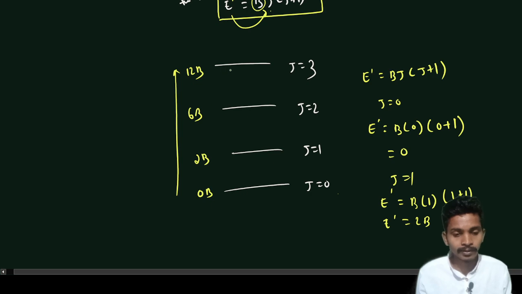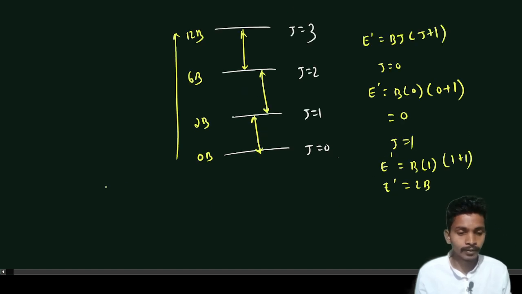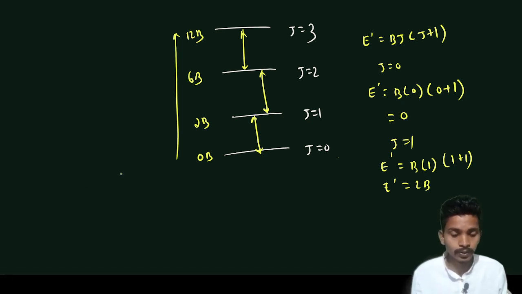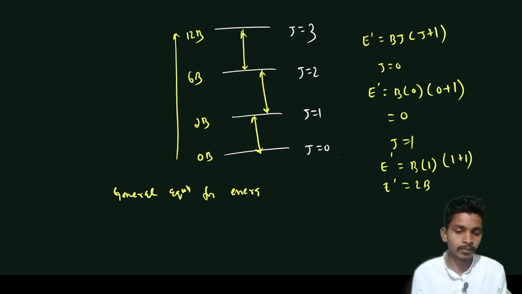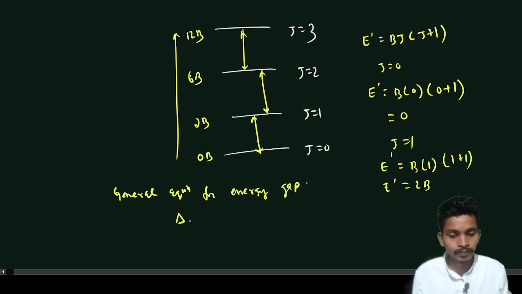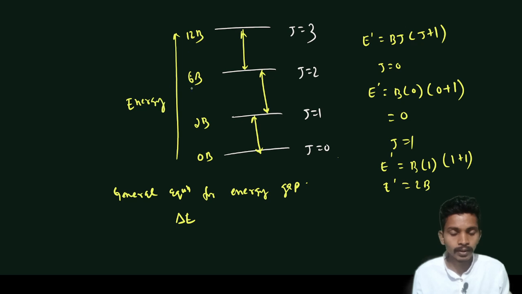Whenever you talk about the energy gaps between these levels, how will you derive the general equation for the energy gap? What you have to do is take the difference between any two levels, from the higher energy level to the lower energy level.